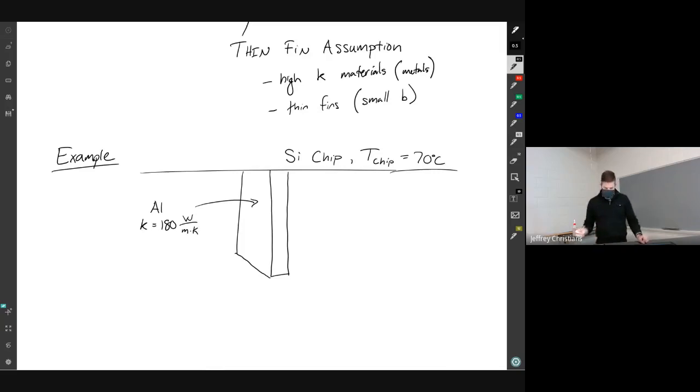The dimensions of this, so that length, well, I guess I can draw it with a different color. Okay. So this length here in blue is 15 millimeters. So it's pretty short, 1.5 centimeters.